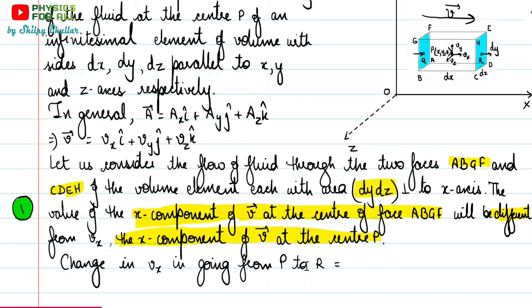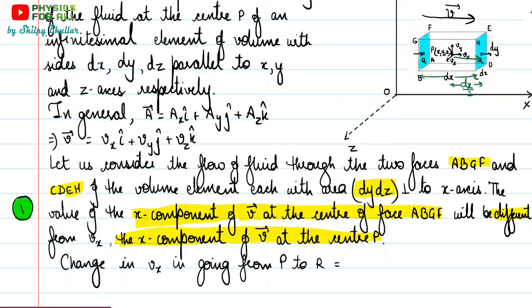What would that be? In going from P to R, Vx would be changing because there is some change in x-axis, and you also see that this whole thing is dx and P is at the center, so the distance from P to R would be dx by 2.